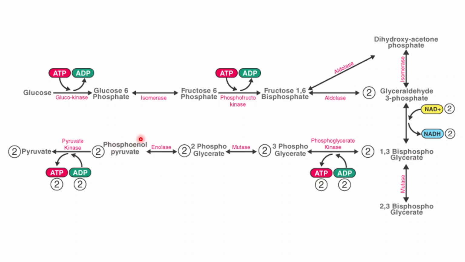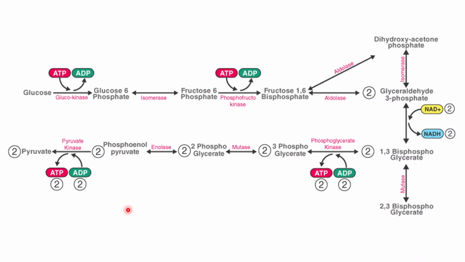So phosphoenol pyruvate, and then from this the phosphate group is again transferred to ADP to make ATP, and in turn phosphoenol pyruvate is converted into pyruvate by the enzyme pyruvate kinase, and this is also an example of substrate level phosphorylation.